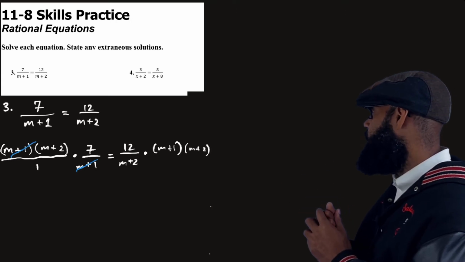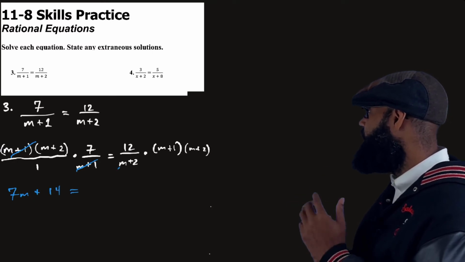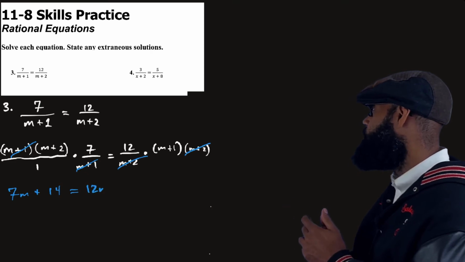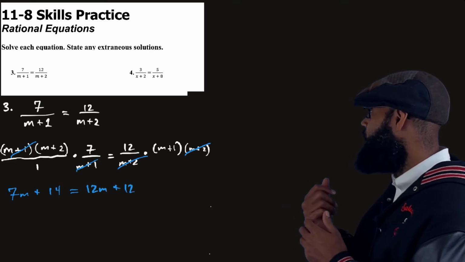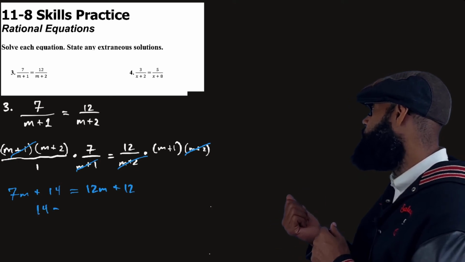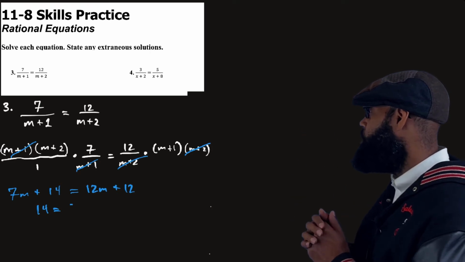Now, what simplifies, right? So 7 times m plus 2, because the m plus 1 in the numerator cancels with the m plus 1 in the denominator. The m plus 2 on the right side in the denominator cancels with the m plus 2 in the numerator, and therefore 12 times m and 12 times 1 gave me that 12m plus 12.